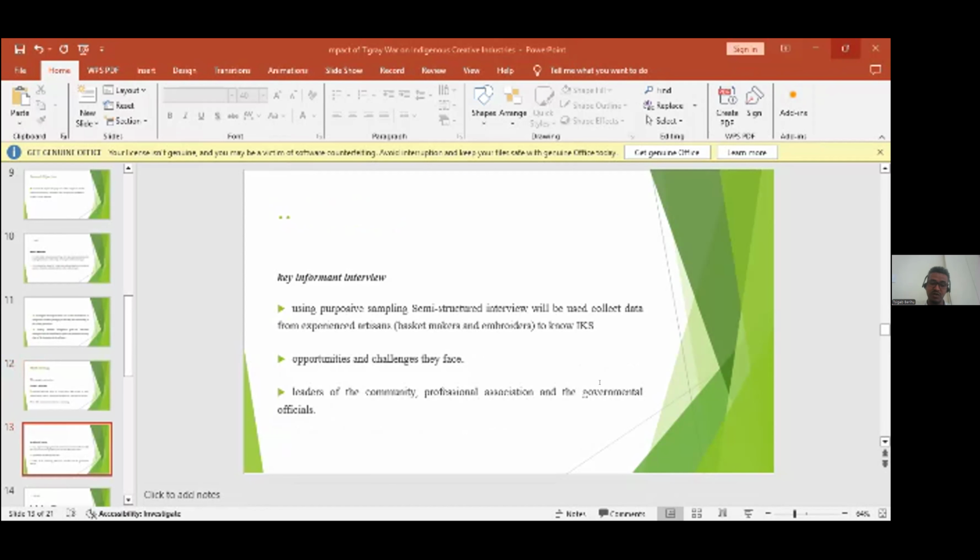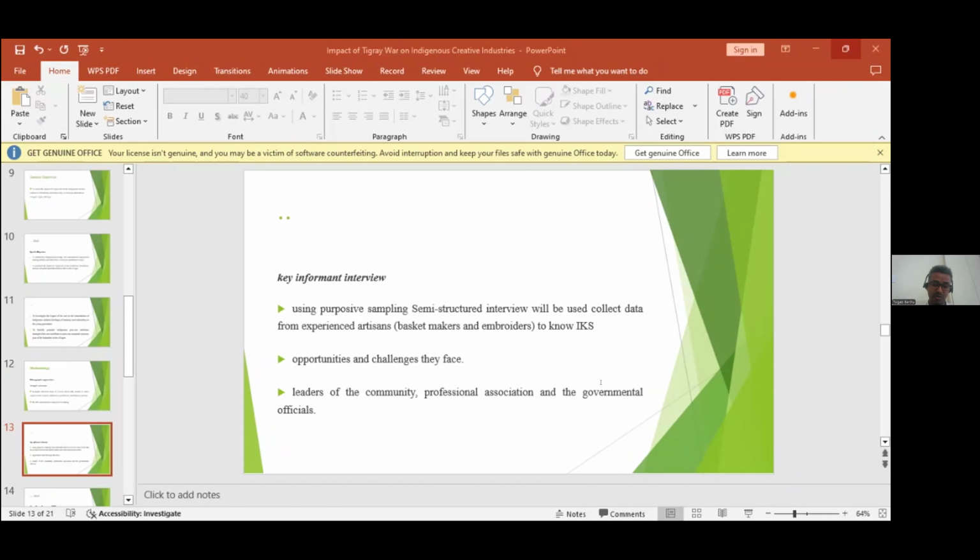Key informant interviews will also be used to collect data related to the indigenous knowledge systems, and to find out the opportunities and challenges they are facing now.